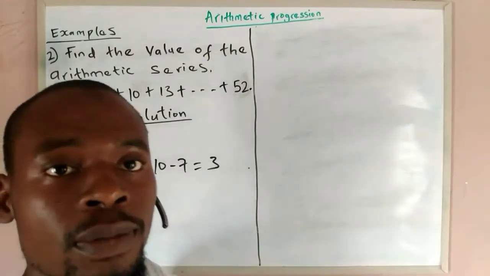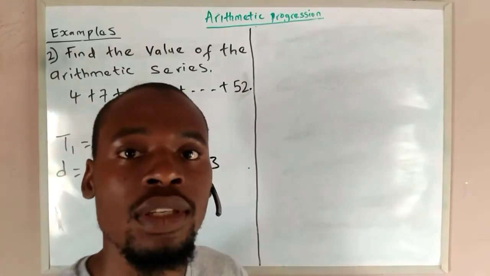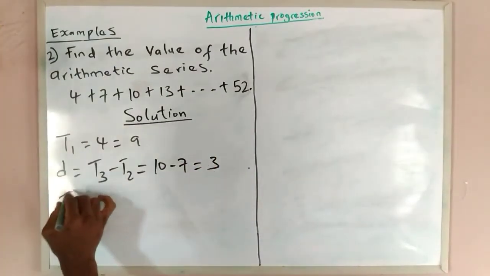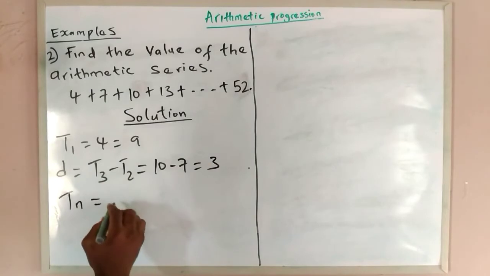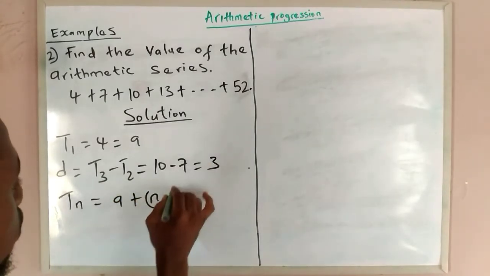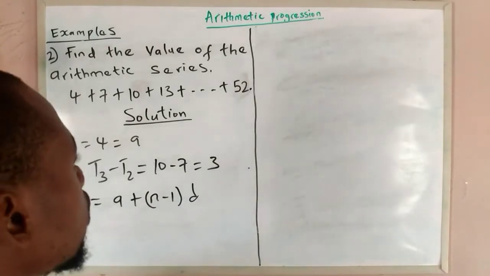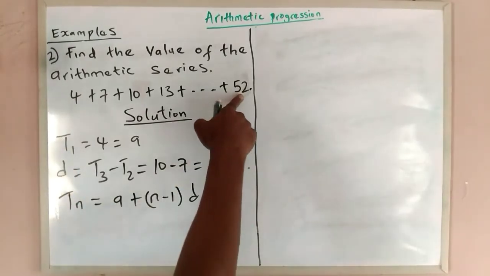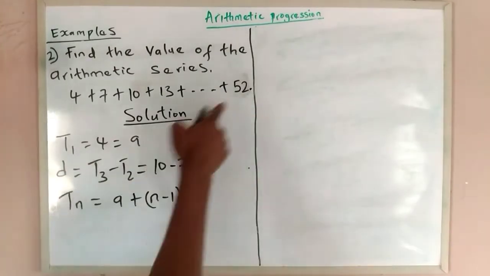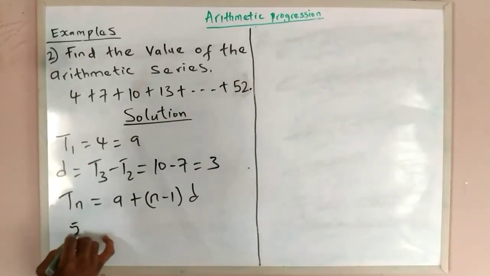So we use the formula for the nth term of a sequence to get that, which is Tn is equal to a plus (n minus 1)d. We know that our last term here is 52. So instead of writing Tn, we put 52 there.